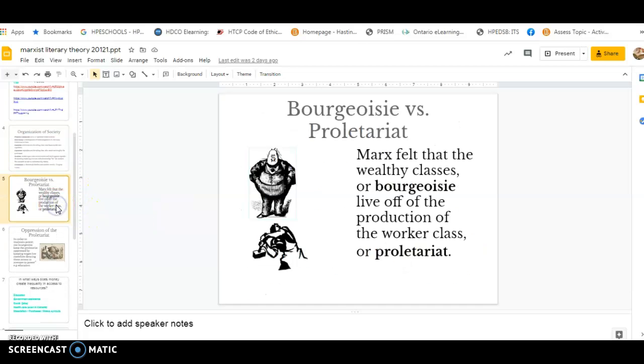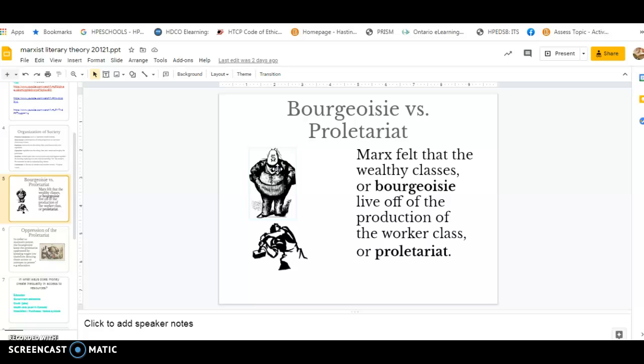So what Marx examined is that he identified the rich and the poor, and he identified them using the names of bourgeoisie, which were the rich, and proletariat, which is the working class. And when he examined these two groups, he found that when there was a group that had more money than others, they maintained the power in society.